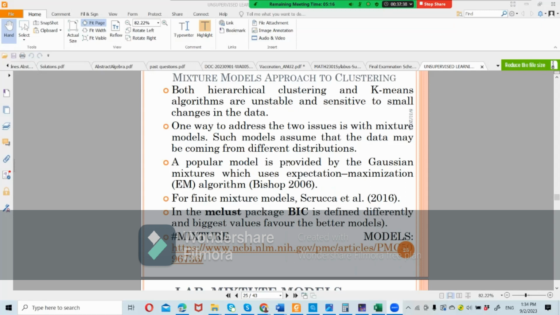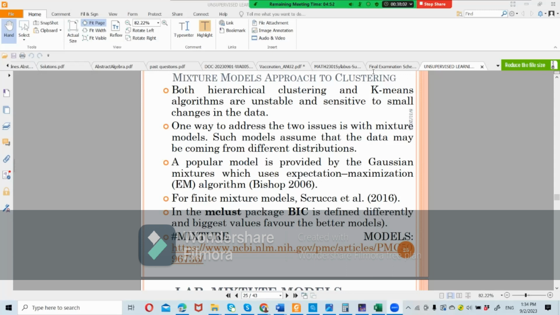All right, mixture models. Talking about the mixture models approach to clustering, both hierarchical clustering and k-means are unstable and sensitive to small changes in the data.